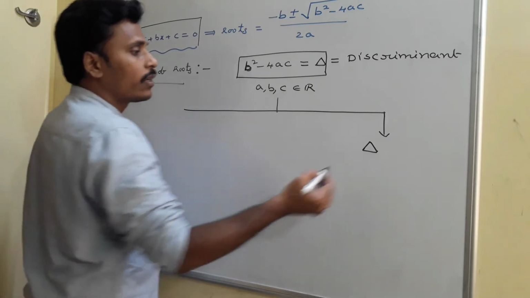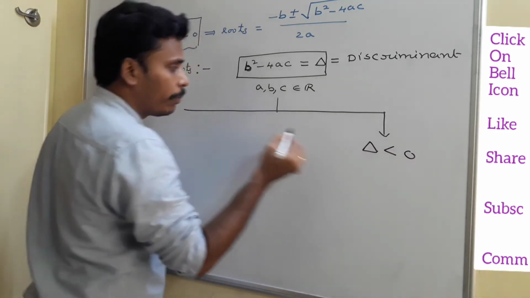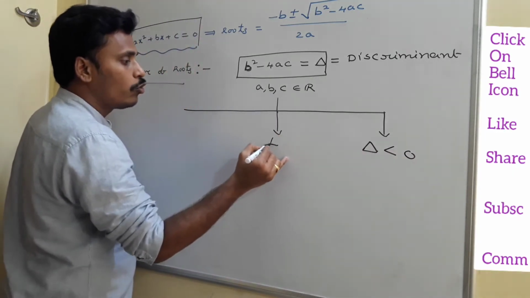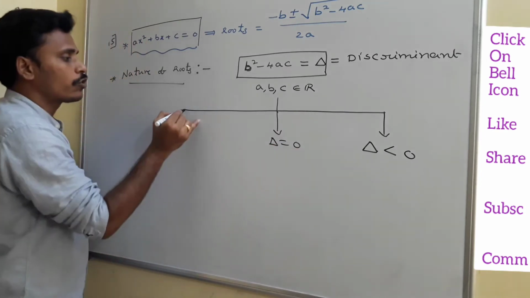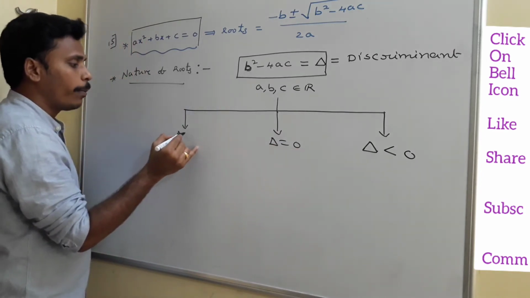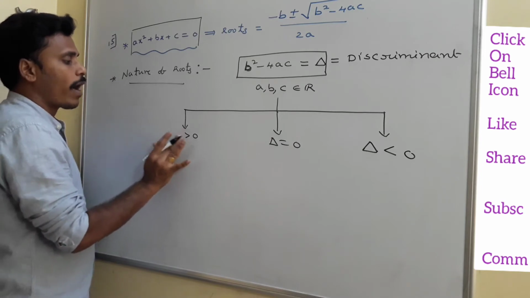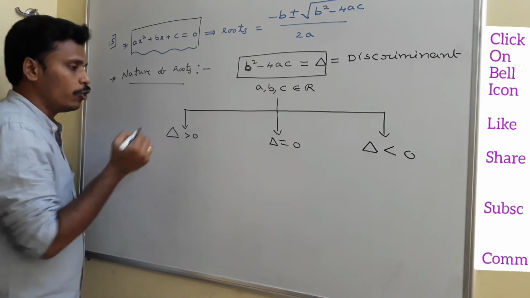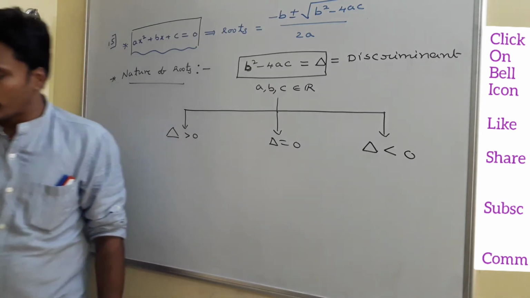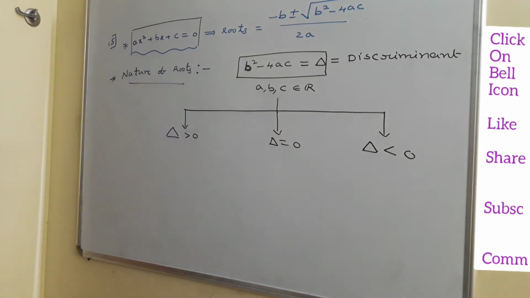The value delta may be less than 0, equal to 0, or greater than 0. That is, it is either positive or negative or maybe equal to 0.